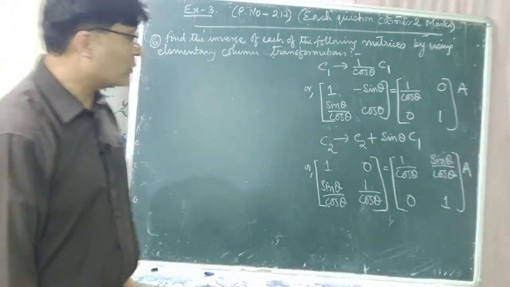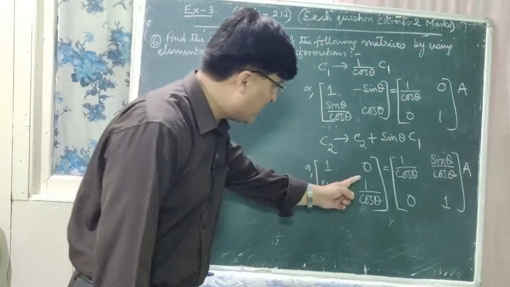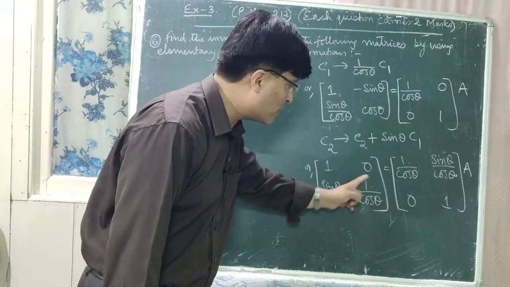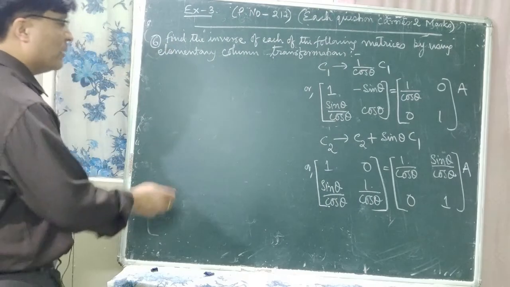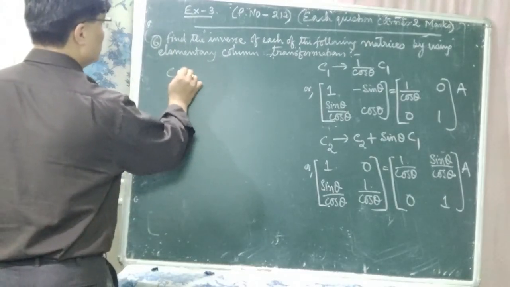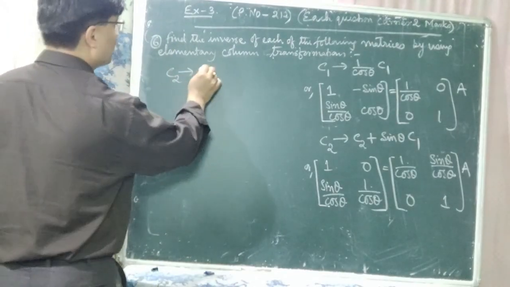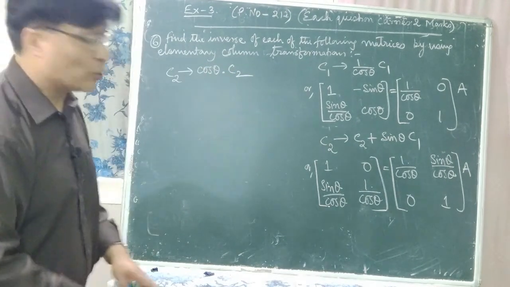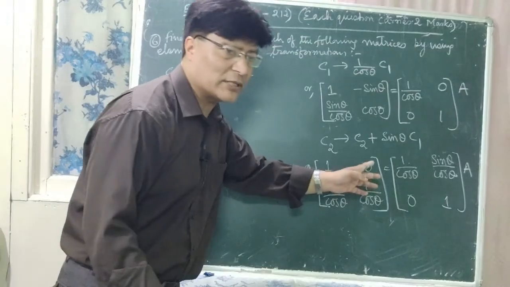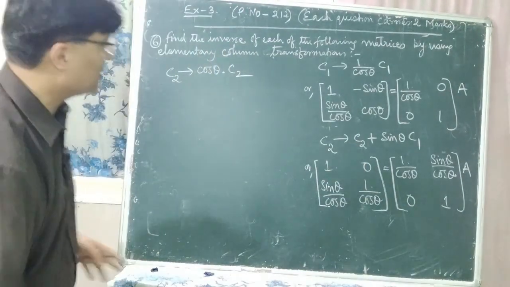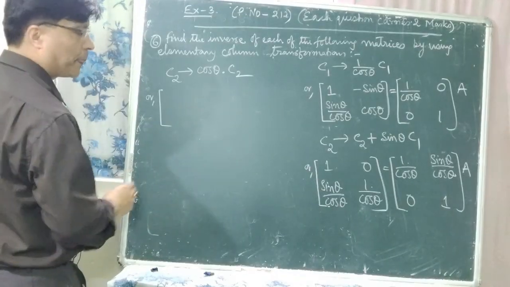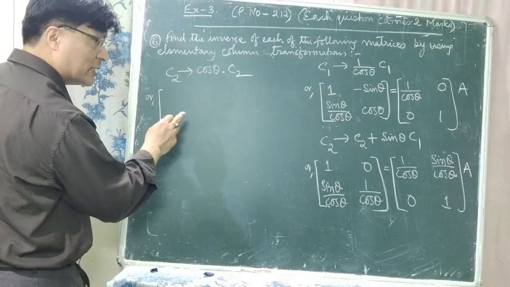Now next, what will you do? Now you should make this 1 by cos theta as 1. So how can you make it? C2 is equal to cos theta into C2. If you multiply 1 by cos theta by cos theta, you will get 1 there, isn't it? Now only column 2 is changing, not column 1.